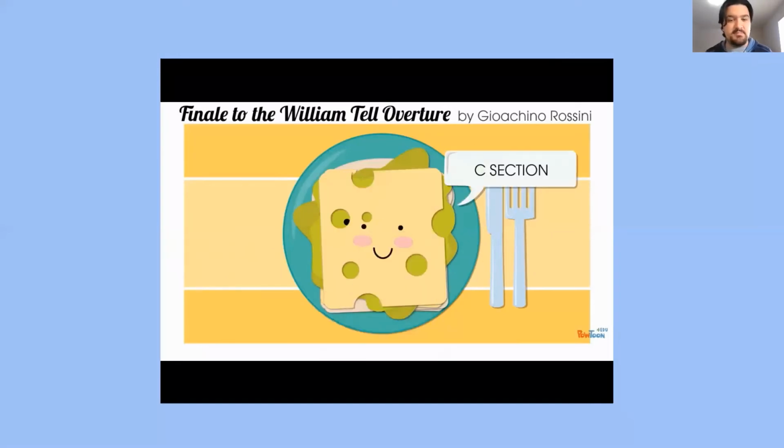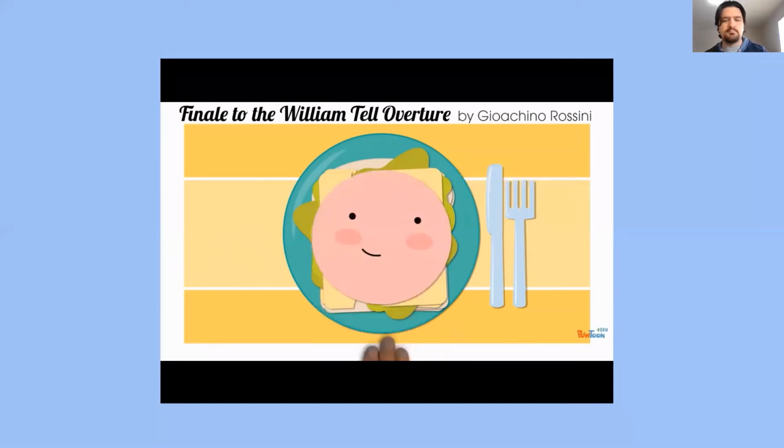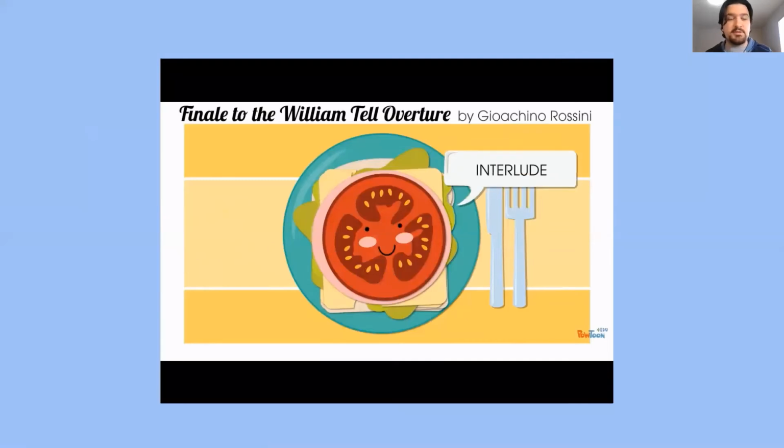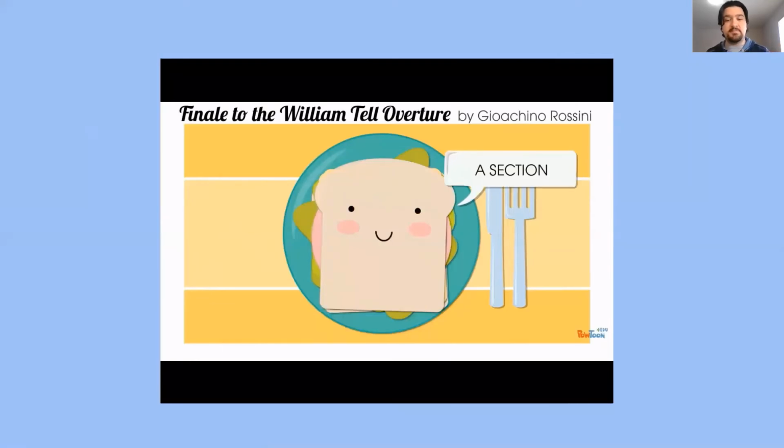Look at the C section again. Interlude tomato. And now we're back to part A again. So it's a piece of bread. So here's the donut.